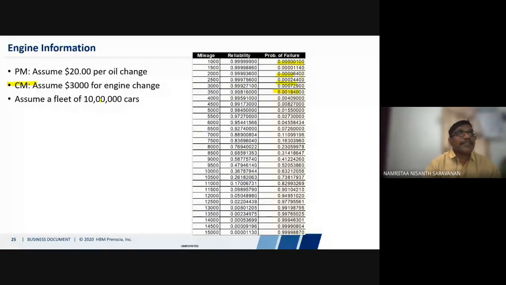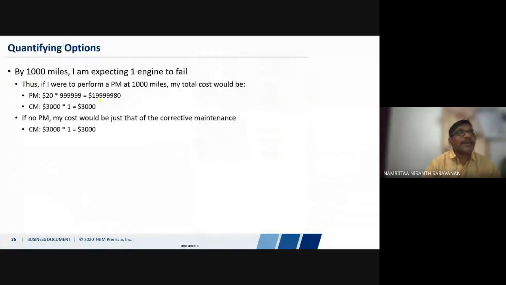If you multiply that by 10 lakh, you will see that only one car will fail, one engine will fail. So the cost of engine oil will be 9,99,000, something like that, multiplied by 20. So you will have this PM like this. But with corrective maintenance, if you just leave the car to fail, it will be only one car, only one engine. So if you maintain your engine oil every 1,000 hours, every 1,000 mileage, you will lose so much money in preventive maintenance.